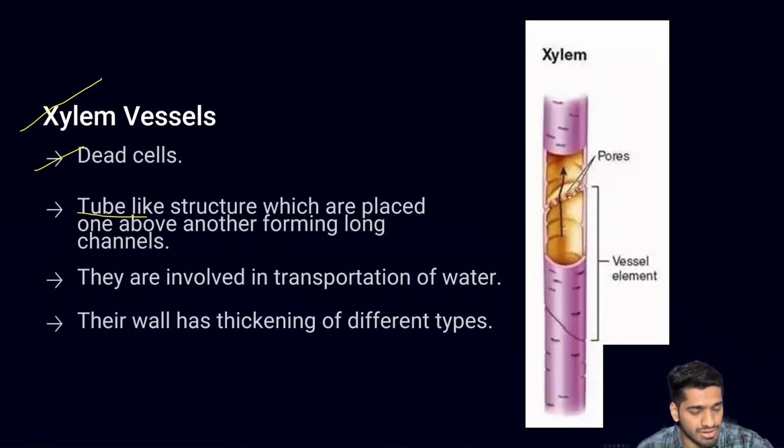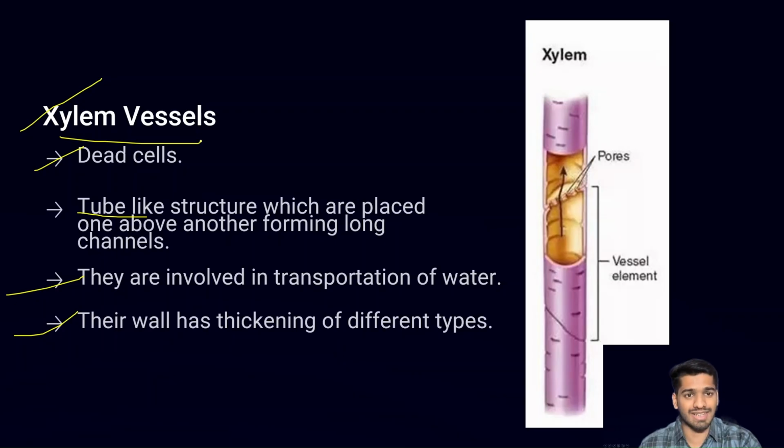And even in these cells, there are pits or pores through which the water is going to go up, or we can say the water is going to get transported from one cell to another cell via these pores. So they are mainly involved in the transportation of water. And the same point, that the wall has thickenings of different types at different locations. So this was nothing but xylem vessels.